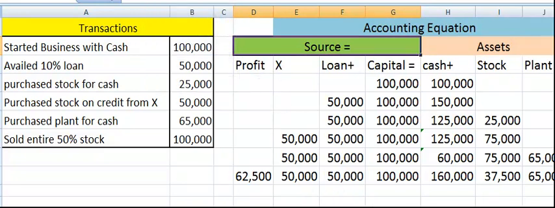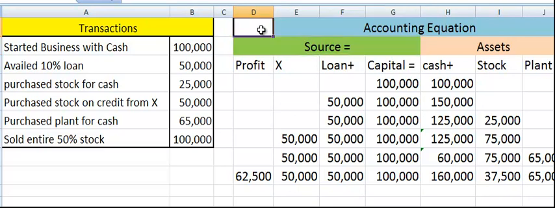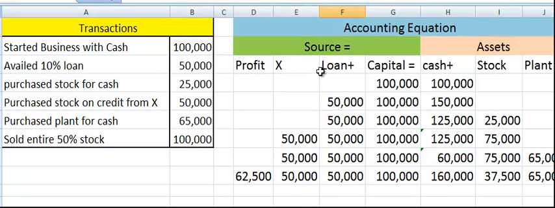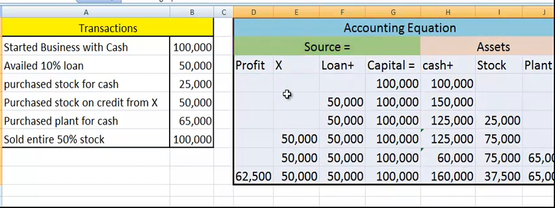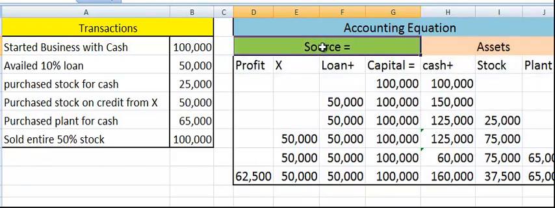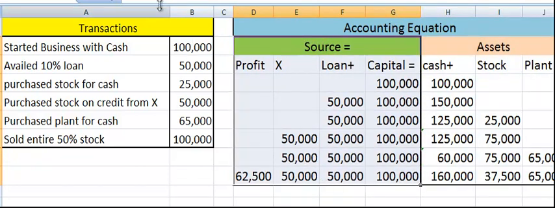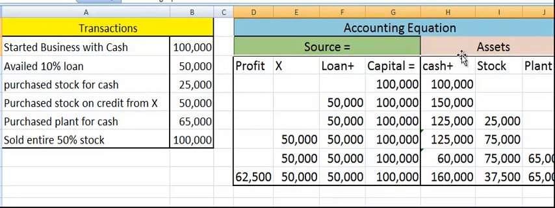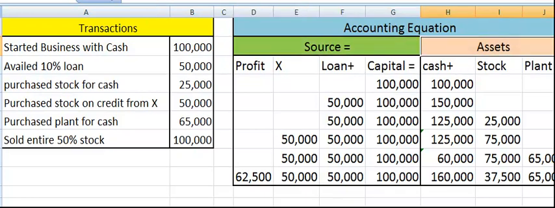However, at any point of time, the sources of the business will be equal to the assets of the business. That is why accounting means understanding the business decisions, and business decisions can be understood through the framework of the accounting equation. And this example very clearly shows that after every transaction, the accounting equation will change.